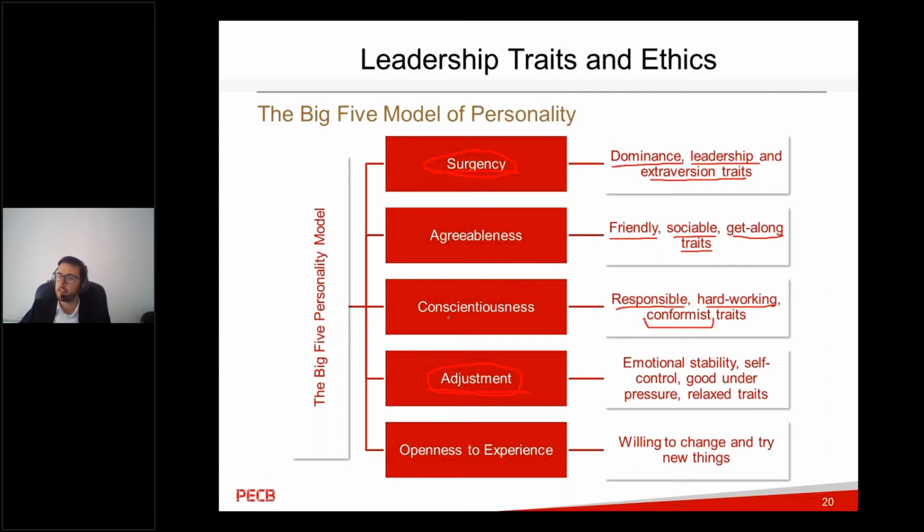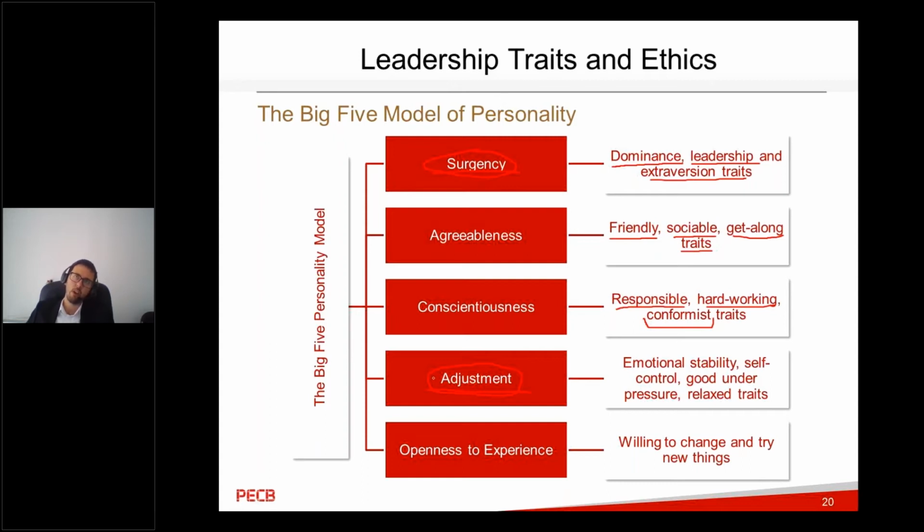Then we get to adjustment. We already said that when we talked about adjustment, we're talking about emotional stability, and it refers to a person's ability basically to withstand and to manage a stressful environment. People that are high in this dimension usually tend to be cool. They have a cool head, they are calm, they are enthusiastic, but they are also secure in themselves.